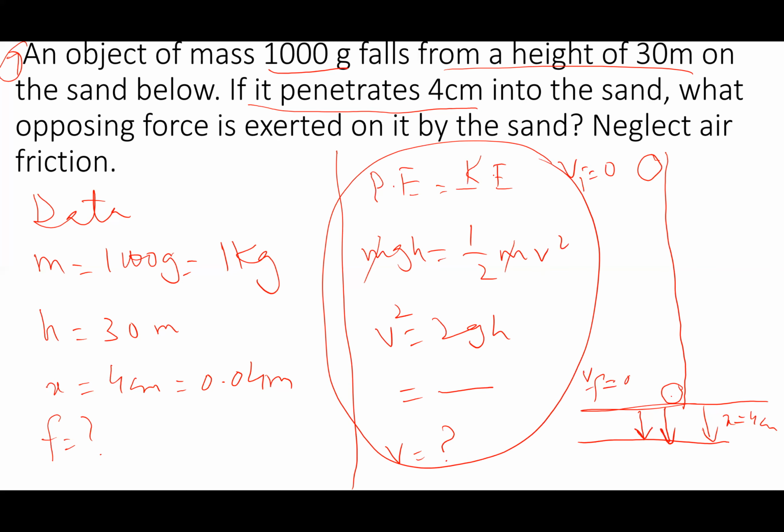So here the velocity is given. Now at this point we have the velocity, we have the mass, we have the height, and we have to find the friction force. So you will write the law like this. I will erase, then I will write.